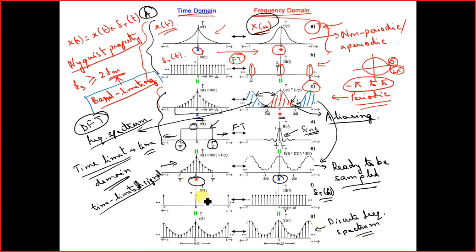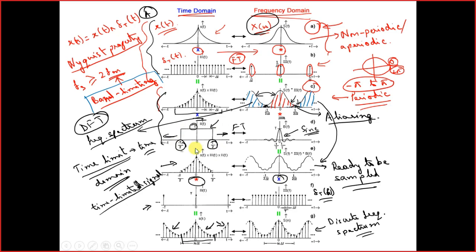Okay. And when you are convolving it with the impulse train in the time domain, you can see the signal components are repeating themselves after the initial time period of the window we have selected.